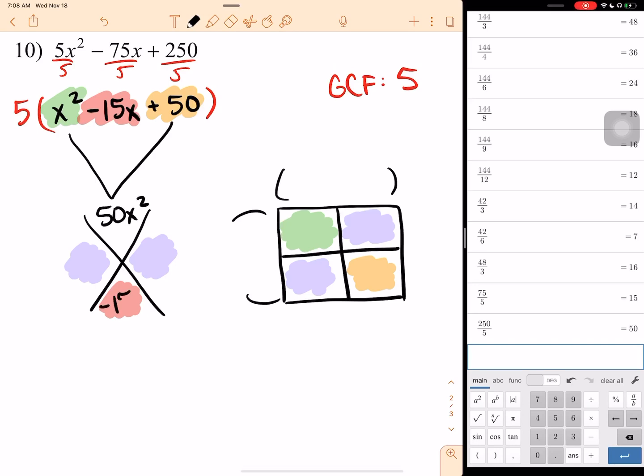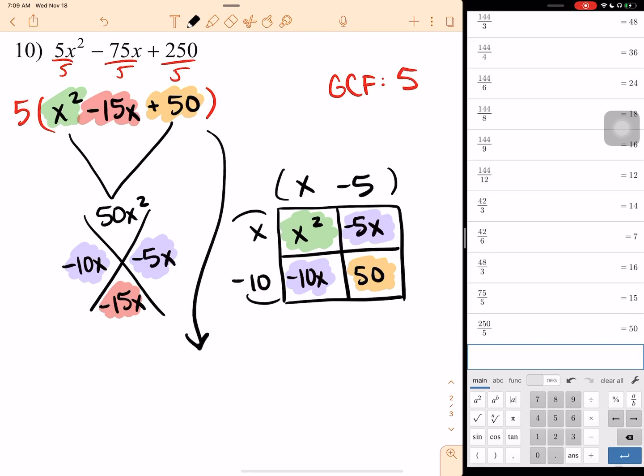The negative 15x goes in the bottom. And I know negative 10x times negative 5x is positive 50x squared. Negative 10 minus 5 is negative 15. So now we just need to factor what is left here. My GCFs here are x and x, negative 10 and negative 5.